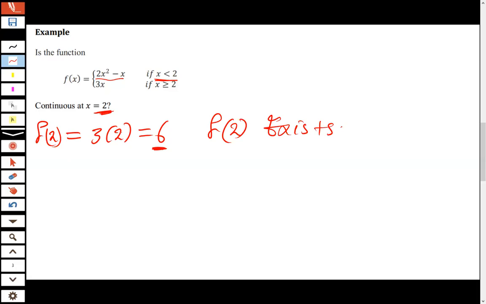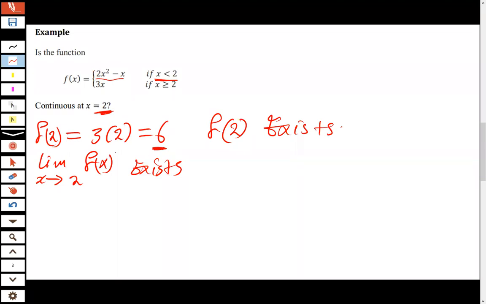In the second step, we have to test whether the limit of f of x as x approaches 2 also exists. How do we check this? Checking this is also straightforward.